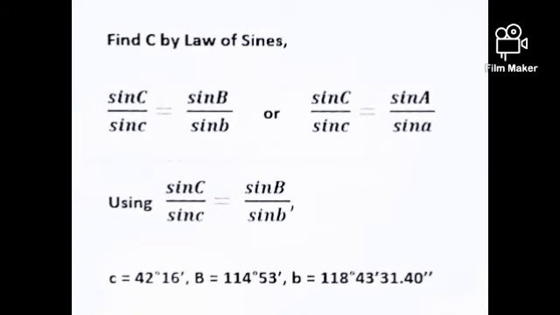Using the first equation, sine of angle C over sine of side c equals the ratio of sine of angle B and sine of small b, we substitute the values. Small c equals 42 degrees 16 minutes, angle B 114 degrees 53 minutes, and side small b 118 degrees 43 minutes and 31.40 seconds.